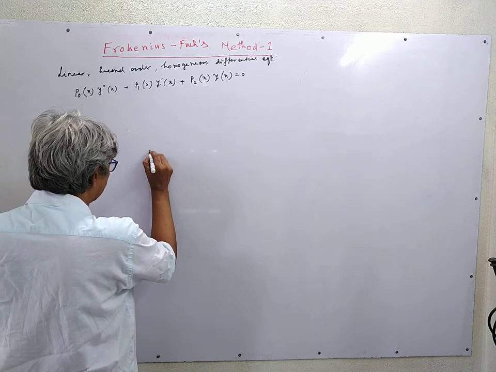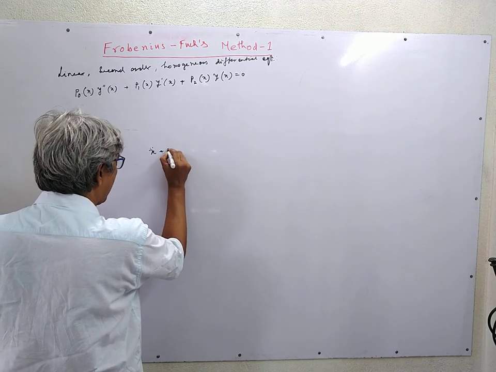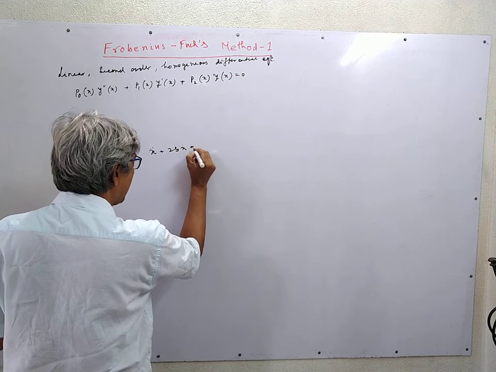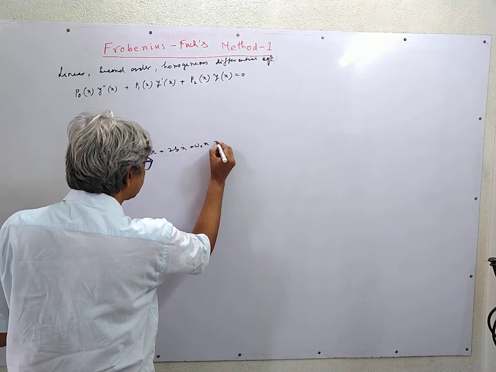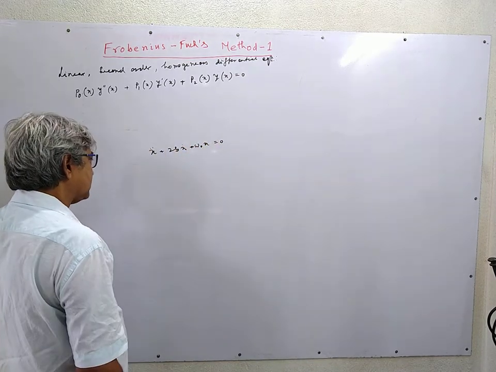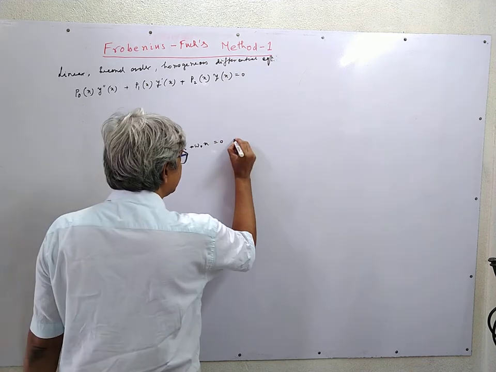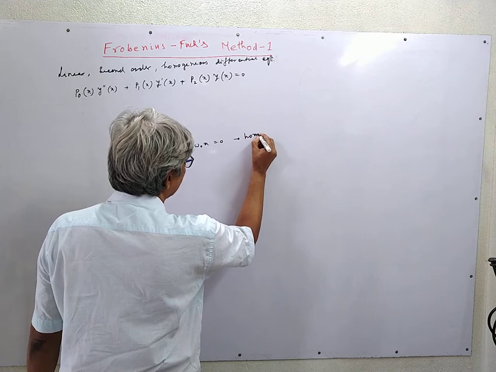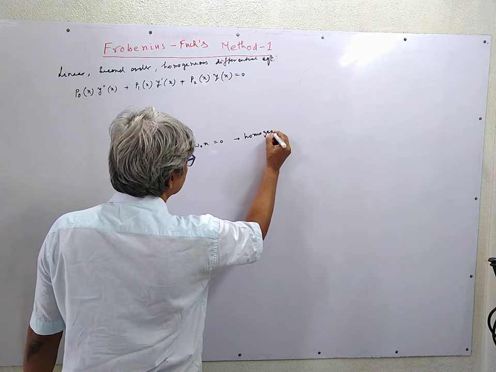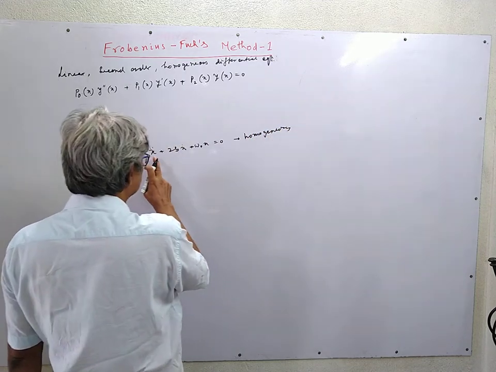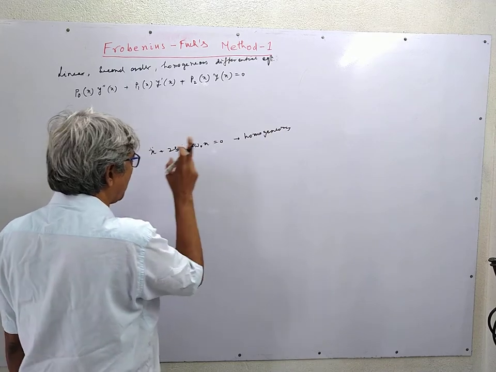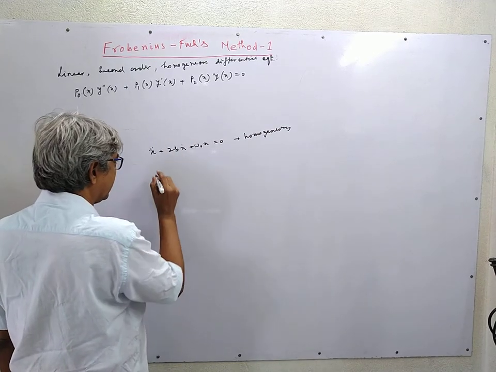Let us consider the differential equation x double prime plus twice b x prime plus omega 0 squared x is equal to 0, as you have encountered in the case of the damped oscillator. It is a homogeneous equation because all the terms involve either x or its derivative.